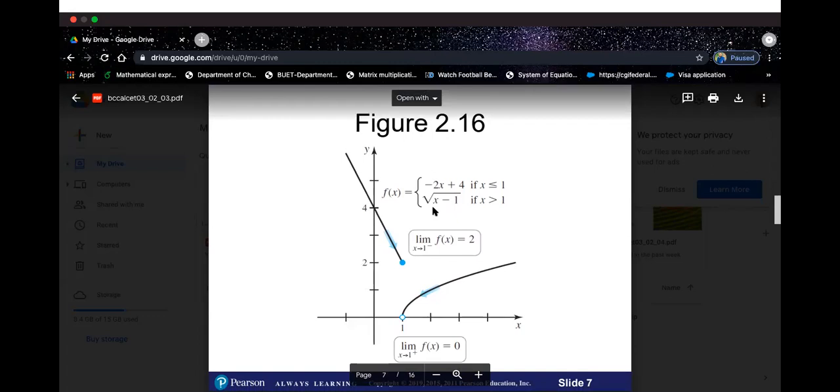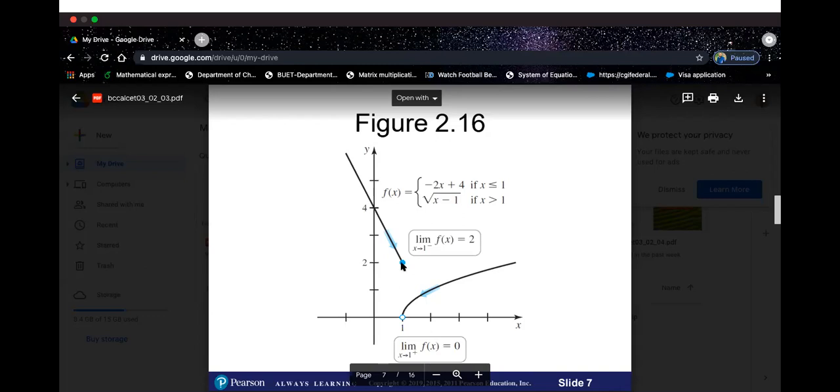We have already done this before. For the left-sided limit, we start approaching from the left towards this value 1, right? This way. And our graph is approaching this way. And when we go really, really close to 1, our graph goes really, really close to this bluish circle, right?